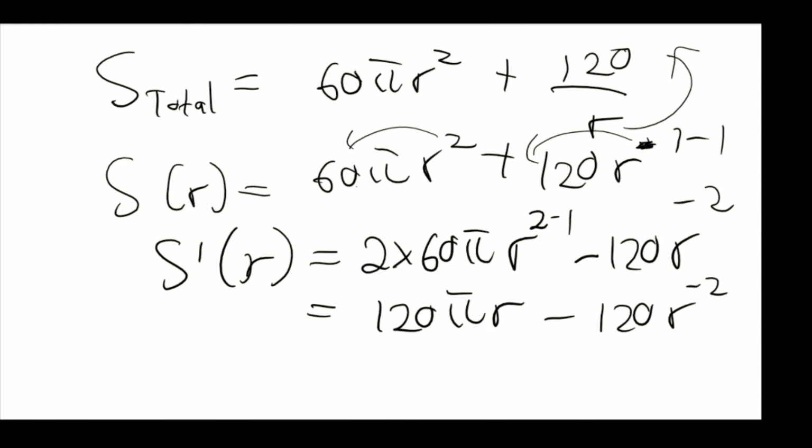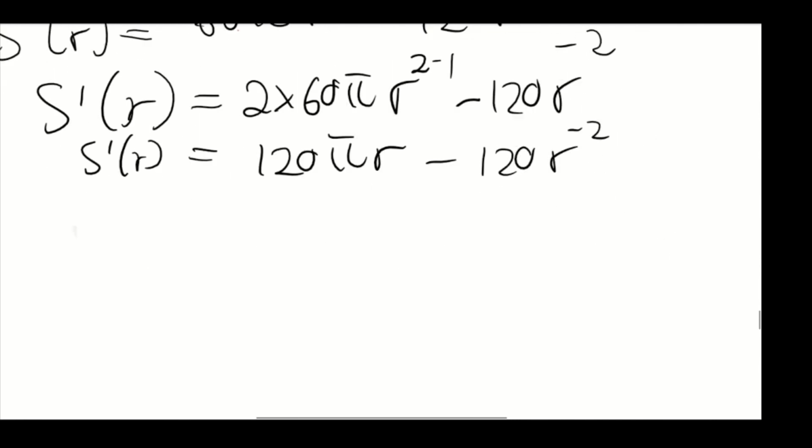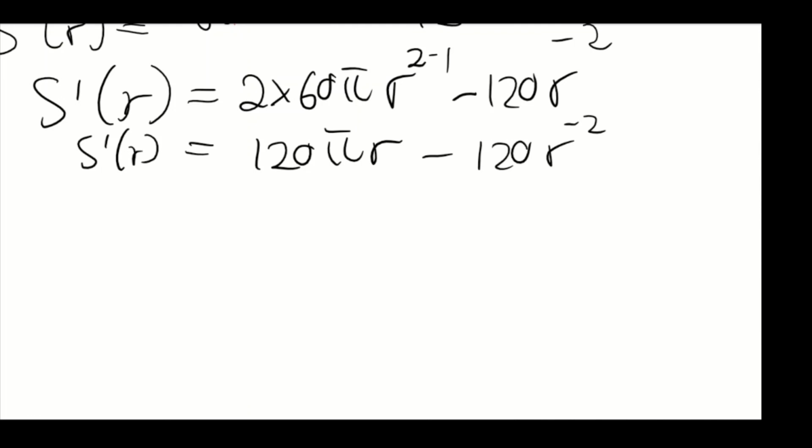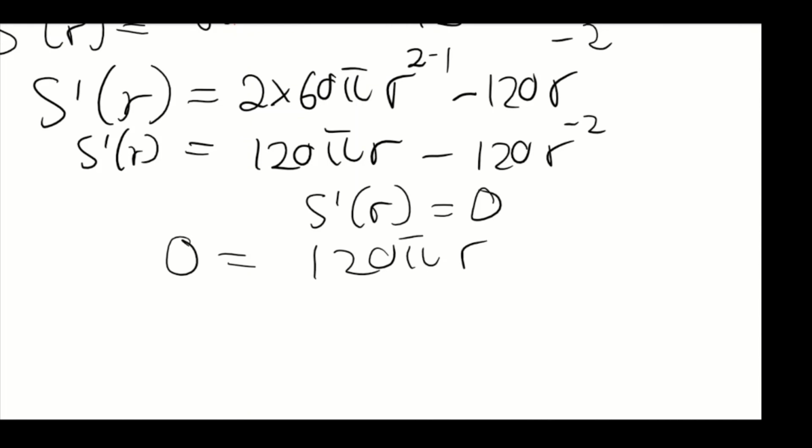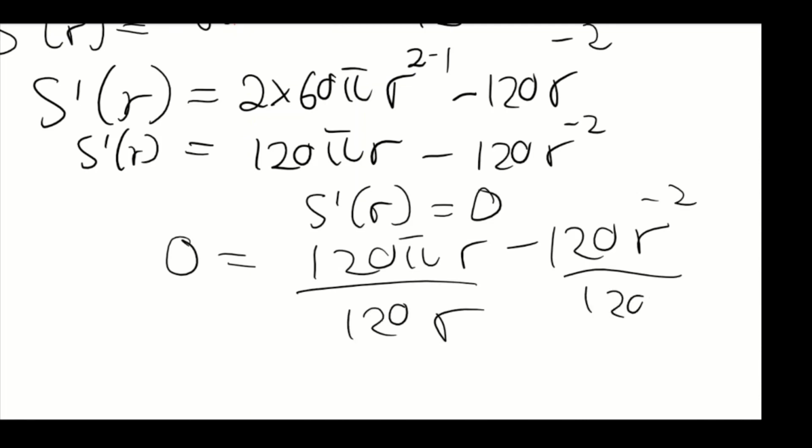So this is the derivative of the surface area, and then we're going to equate the derivative to 0 because we are looking for r. So 0 is equal to 120 pi r minus 120 r to the power minus 2. So you're going to divide by 120 r.